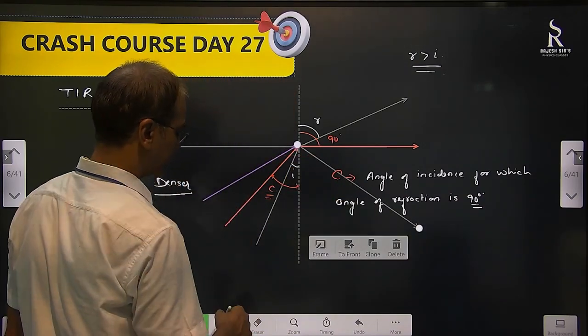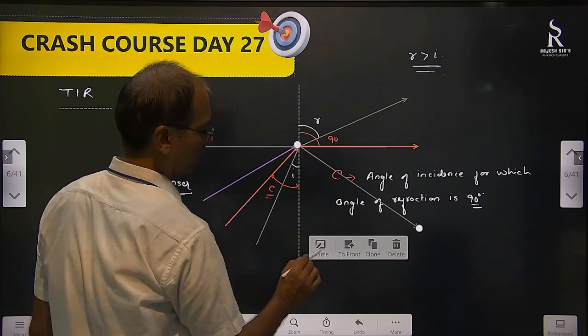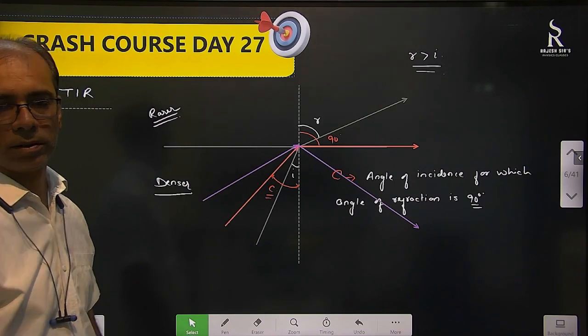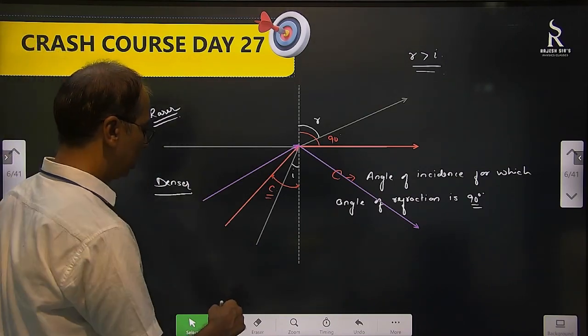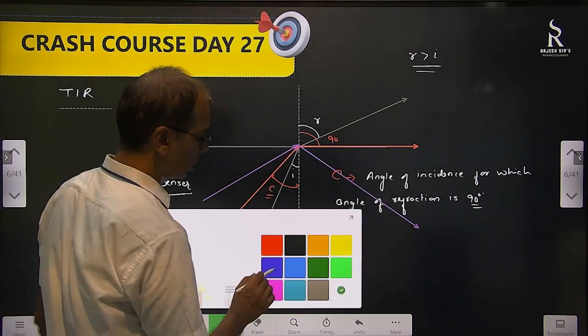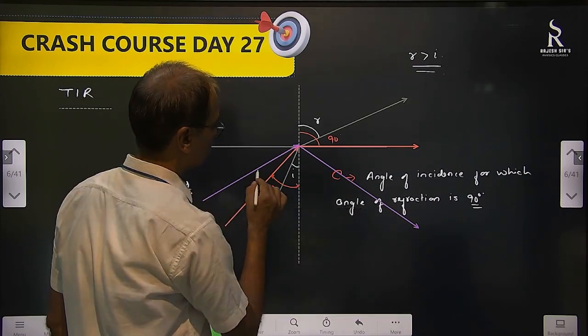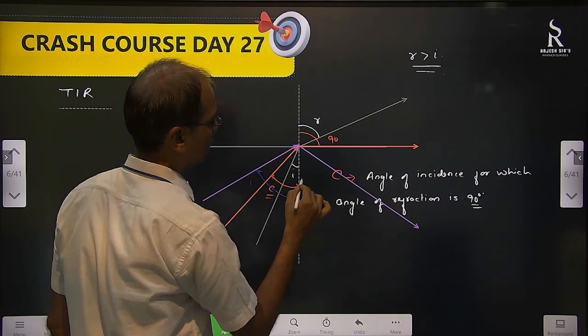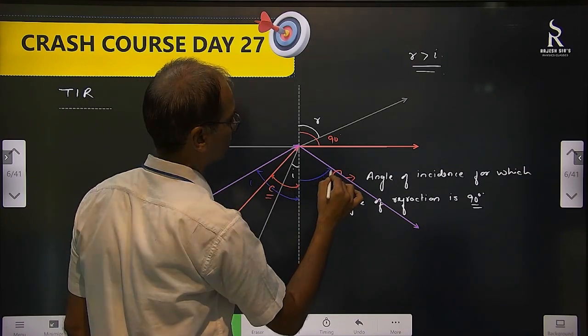Here this is the angle of incidence and this is the angle of reflection.